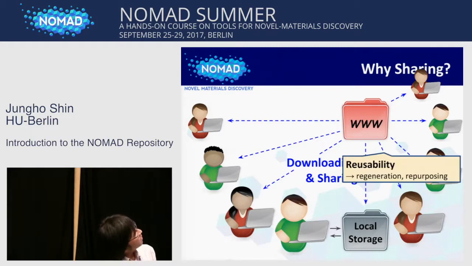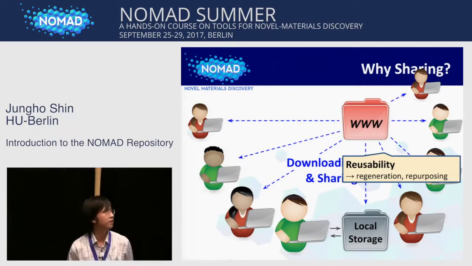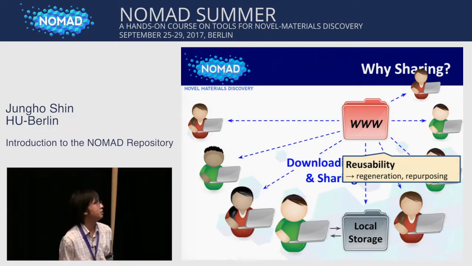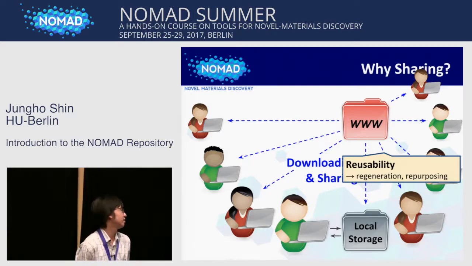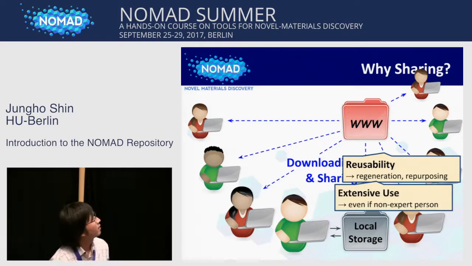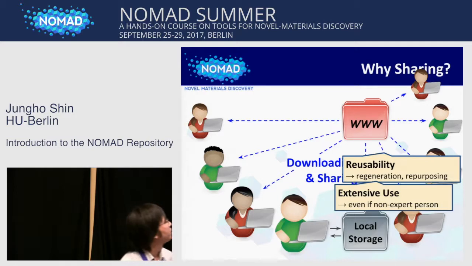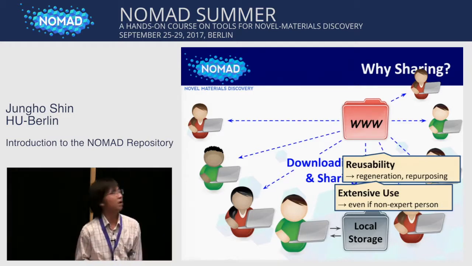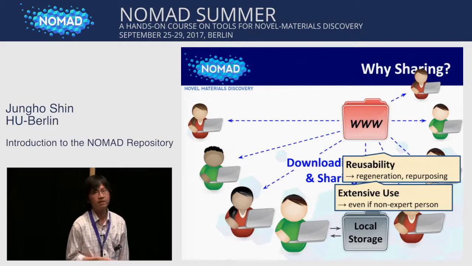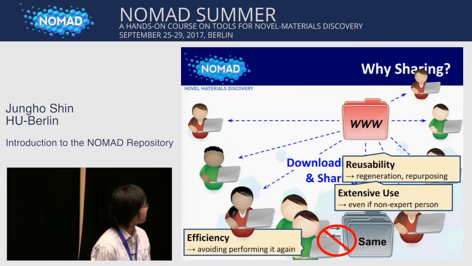This kind of picture can give us plenty of advantages. First, for reusability, people can regenerate the data for their own purpose, and data can be used extensively. For example, even if someone is not an expert in performing calculations in that field, he or she can use the data.